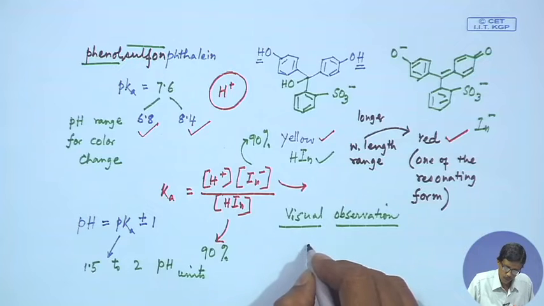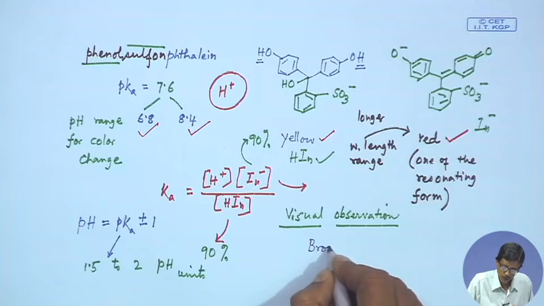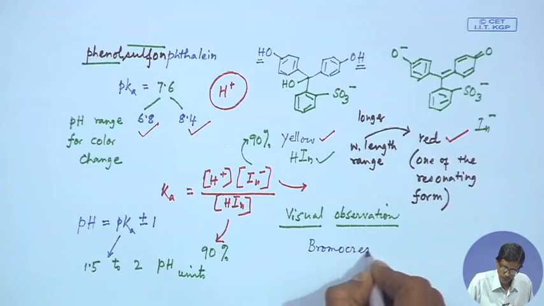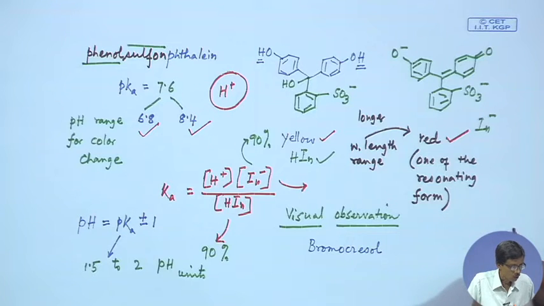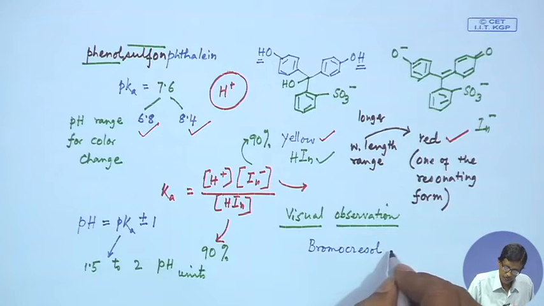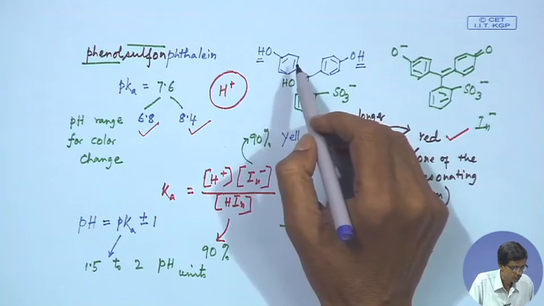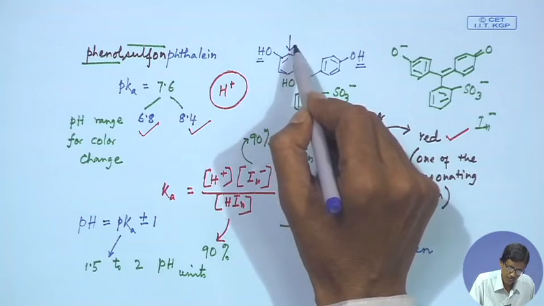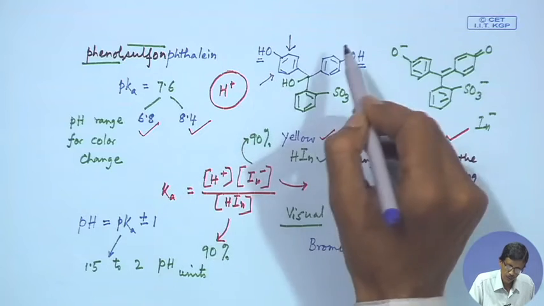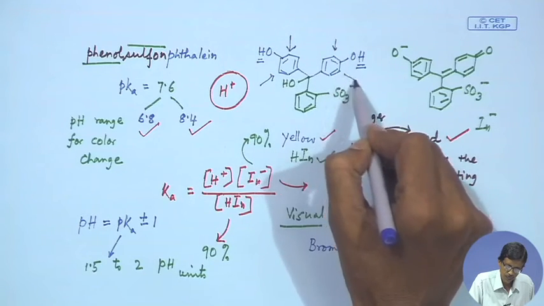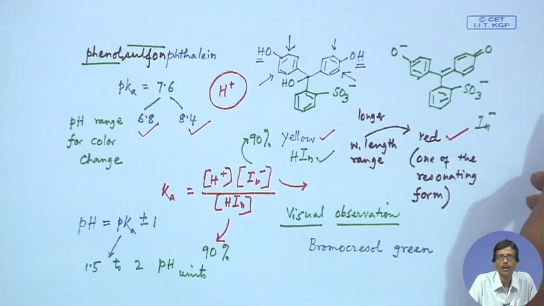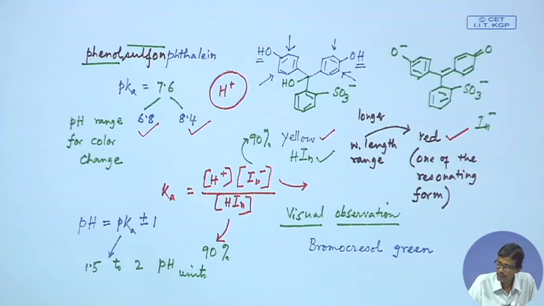Similarly, another molecule is bromocresol green, where we can have substitutions, the bromine substitutions at all those positions in this particular ring. What happens then?